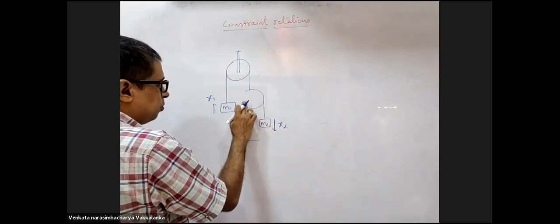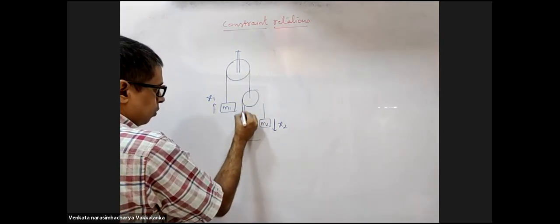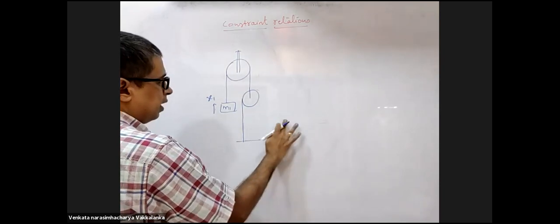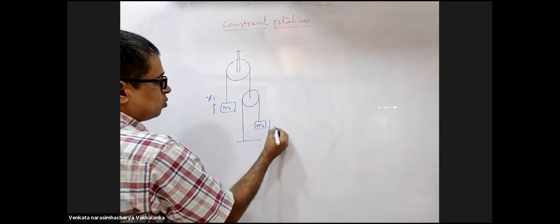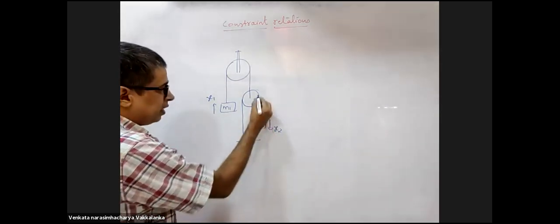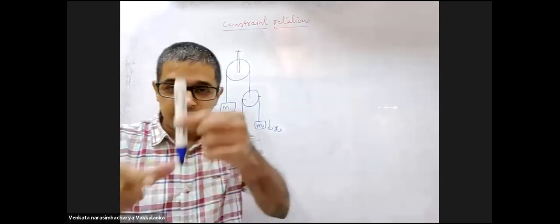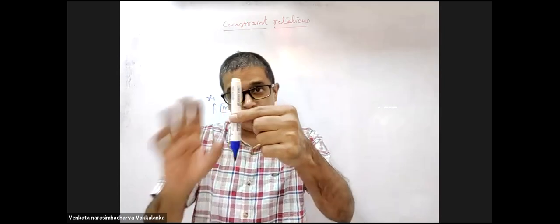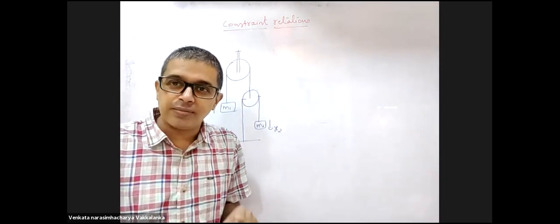You have to assume a particular value. If somebody tells me this end is moving down by x2, the pulley will not move down by x2. That rule was for one complete string: one end moves, the other end moves by the same distance. You cannot apply it to one segment of the string.